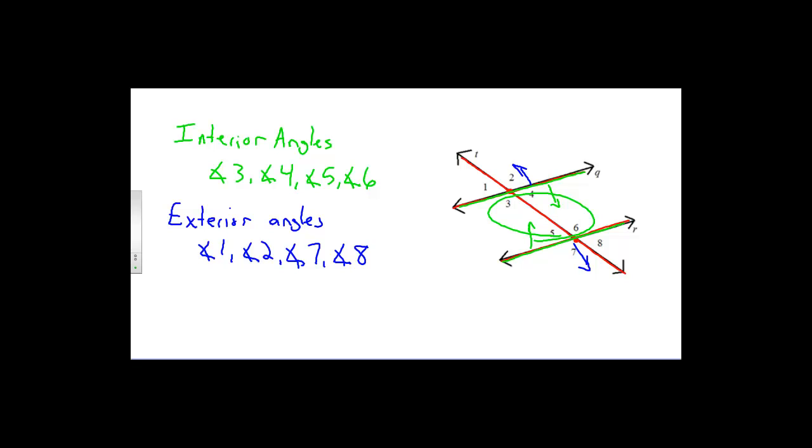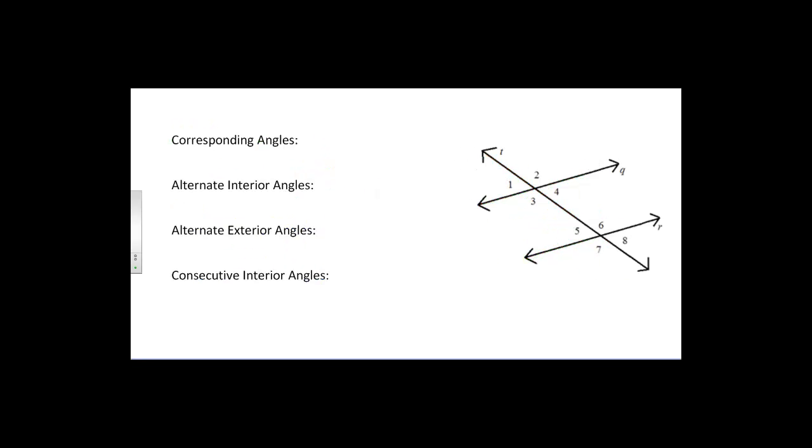Now that we know what interior and exterior angles are, there are going to be 4 other names that we will very commonly hear. You need to be able to differentiate these 4 things. Corresponding angles. The way I like to think of corresponding angles is that there's 2 groupings of angles here. Where line T and line Q intersect, there's this first group of 4 angles, and where line T and line R intersect, there's the second group of angles.